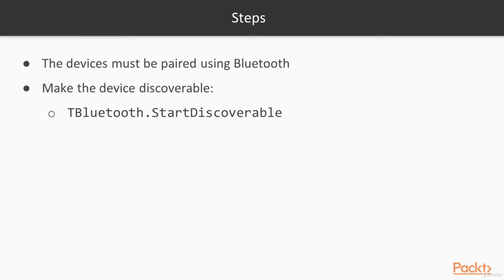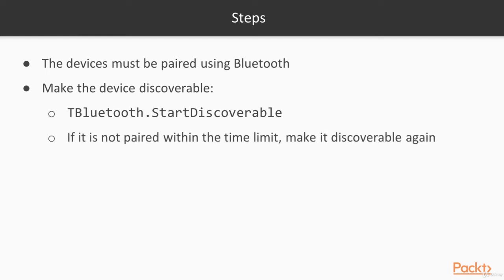OnDiscoverableEnd occurs if your user accepts to make the device discoverable. You can only request to make a device discoverable for a certain amount of time, with limits on some platforms. If that time passes and you have not yet performed the discovery and pairing steps below, you might need to request to make the device discoverable again.